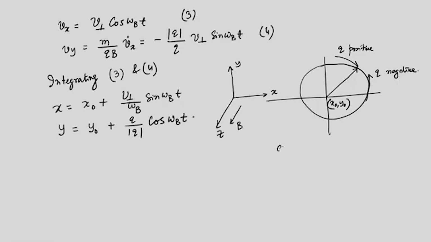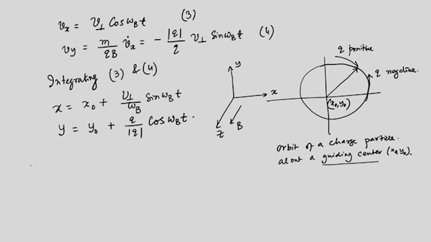This is the orbit of a charged particle about a guiding center x0, y0. This point about which the motion takes place is called the guiding center, and this is pretty much the motion of a charged particle only in a magnetic field.